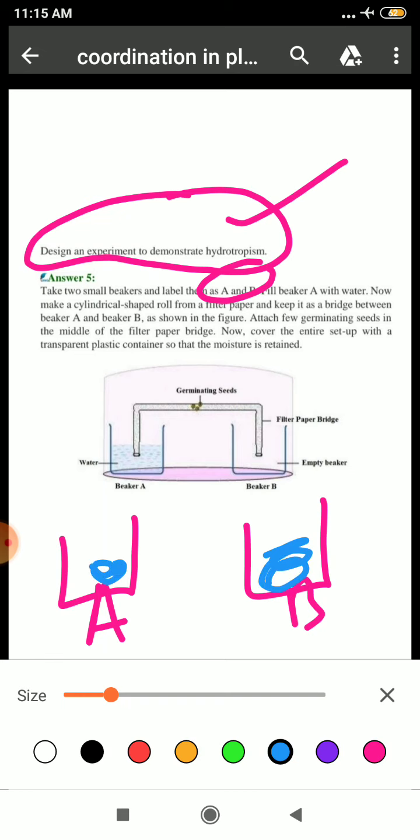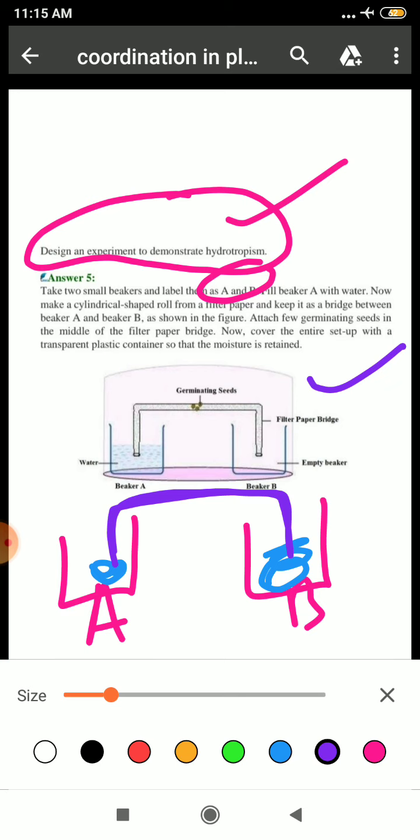Now make a cylindrical shaped roll from a filter paper and keep it as a bridge between beaker A and beaker B, as you can see in this diagram.